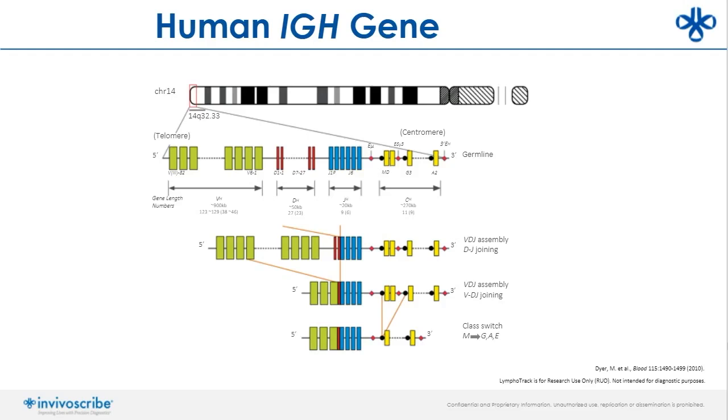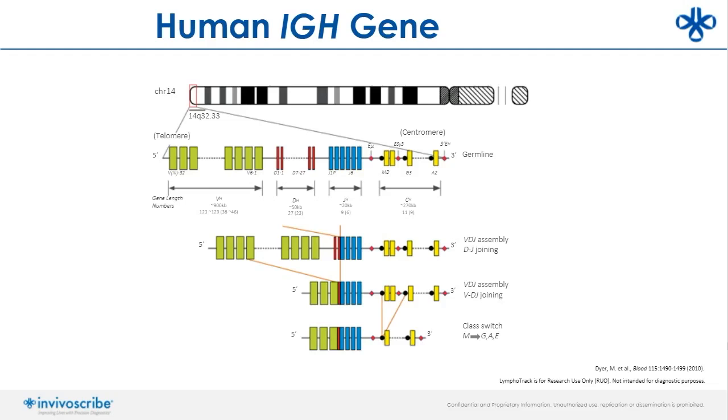In addition, there are random nucleotide additions and or deletions in the diversity and joining regions, and the VDJ combinations result in a very high level of diversity. Many of these rearrangements are unsuccessful and do not result in a functional IGH chain due to a premature stop codon or frame shift. If the rearrangement is unsuccessful in one allele, the cell will go and rearrange the other one, and if that is also unsuccessful, the cell goes to apoptosis.